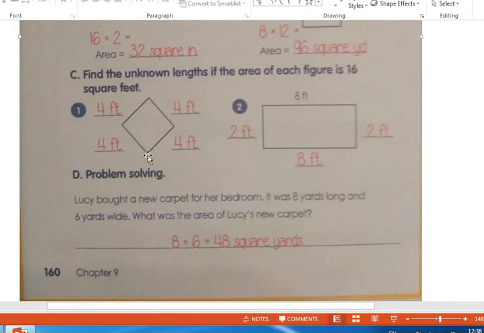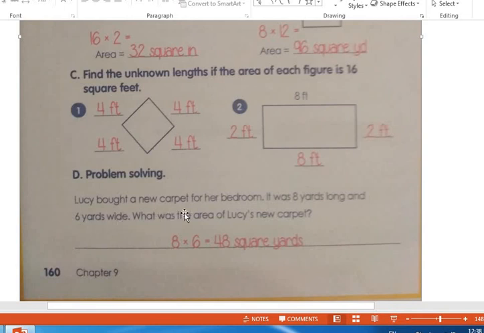So 16, what times what in the multiplication table will give you 16, and the two numbers are equal? 4 times 4, right? So the side here will be 4. Here I have the area of the rectangle. It's easier to find here the length or width, because I just divide 16 by 8 and it will give me 2.